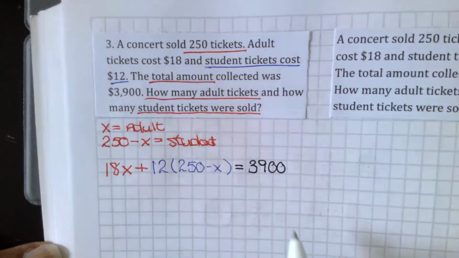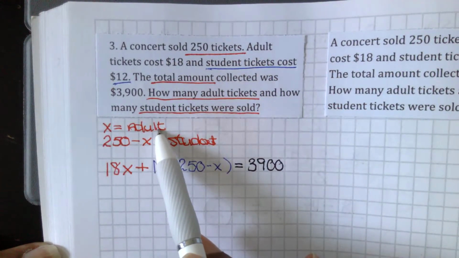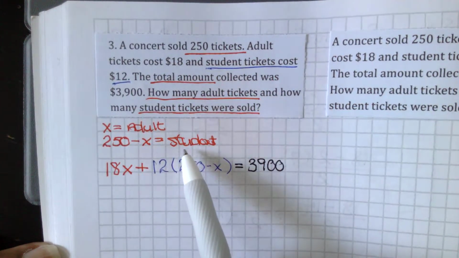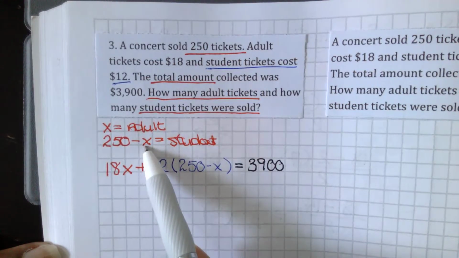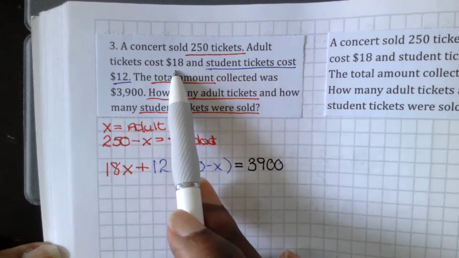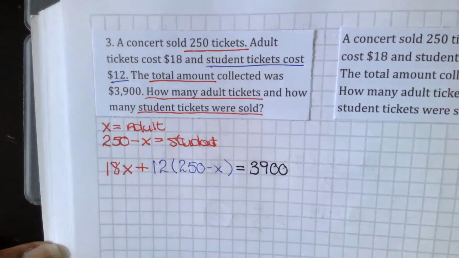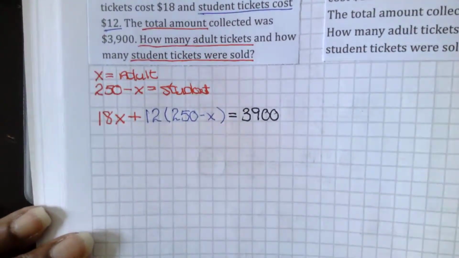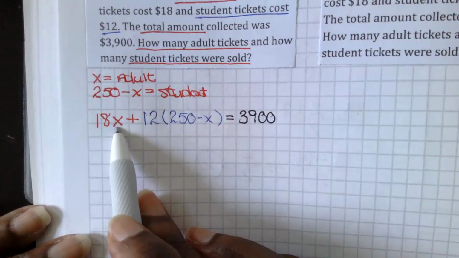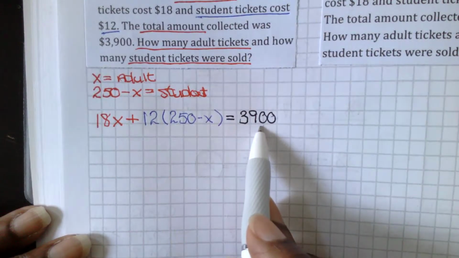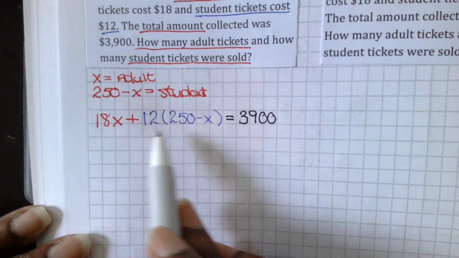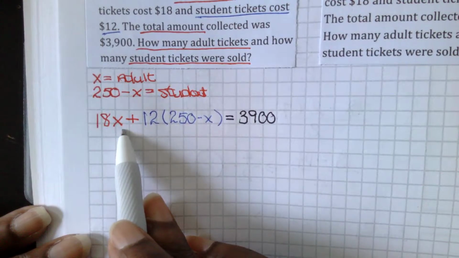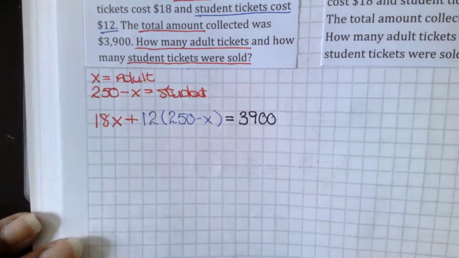Okay. So the x is representing the adult tickets. If I was going to do the student tickets, I'll take the 250 minus how many adult tickets I sold. Since we're dealing with the cost, we're dealing with the money. So notice for this equation, we're going to be solving for x because that's the only variable they're using.